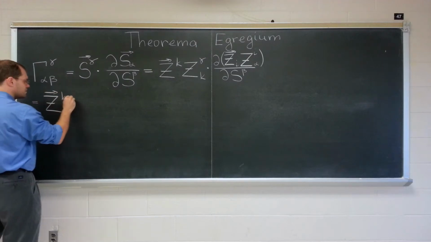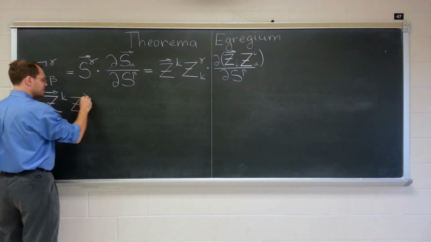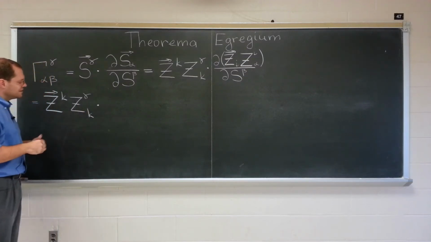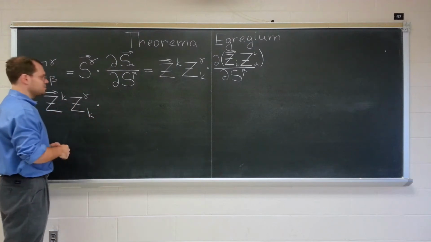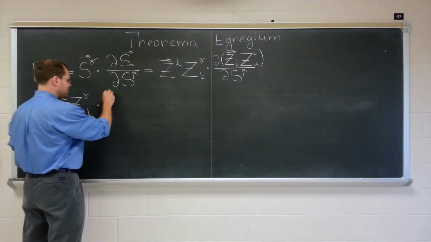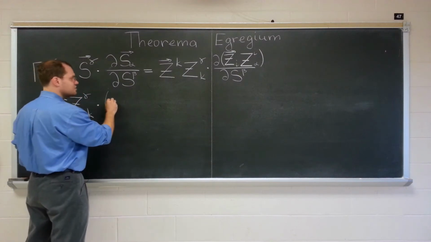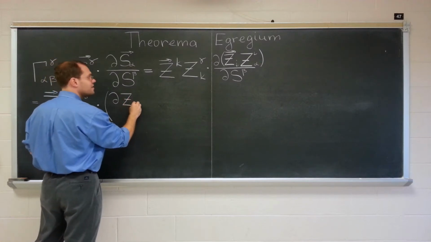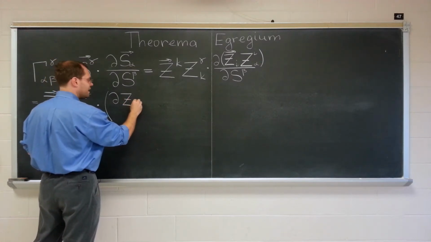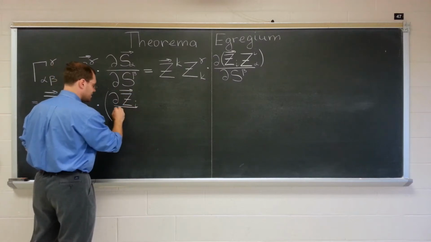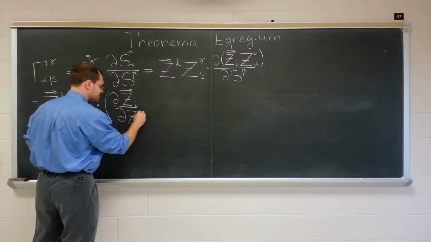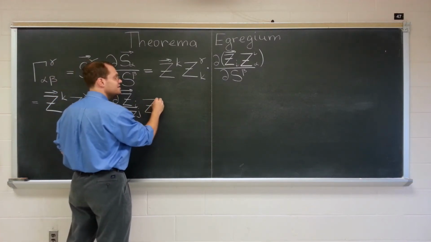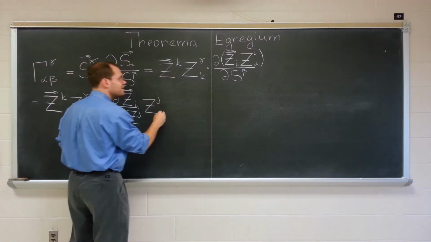Z^k_gamma, the shift tensor, dotted. I've talked about this in the book. It doesn't matter where the dot goes, as long as it's between the two vectors that are being dotted. And by the product rule, the first term will be, as we discussed, dZ_i, dZ^j, dS^beta, which is Z^j_beta.